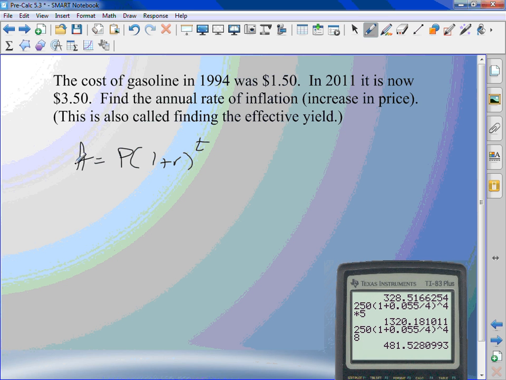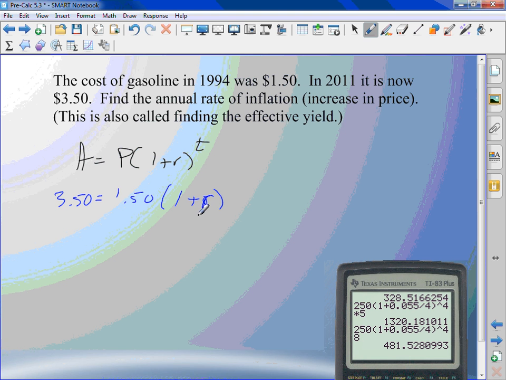What does A stand for? In general, the final amount. P stands for the principal, which is my original amount. What's my final amount of gas? $3.50. What's my original price of gas? $1.50. 1 plus, I don't know the rate.